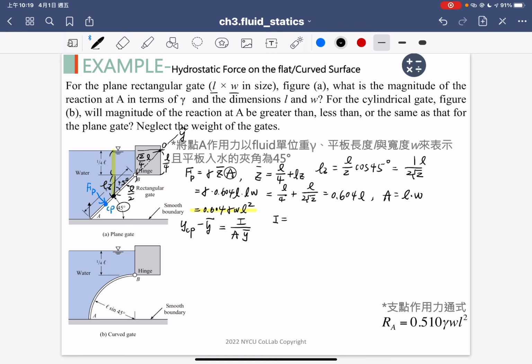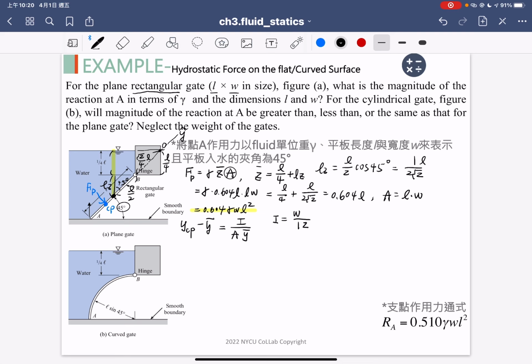The I is the second moment of the plate. We know that the plate is a rectangular plate, and the rotation axis is into the paper. So we know that the second moment is 1 over 12 times the width.